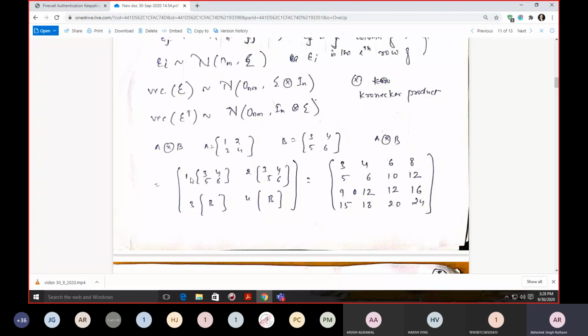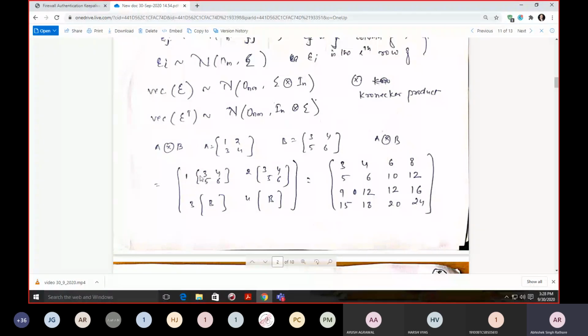Instead, the first element 1 multiplies the whole matrix B, and again 2 multiplies the B matrix, 3 multiplies the B matrix, and 4 multiplies the B matrix. So this 2 cross 2 matrix contains 4 elements and B contains 4 elements, so the result contains 16 elements.